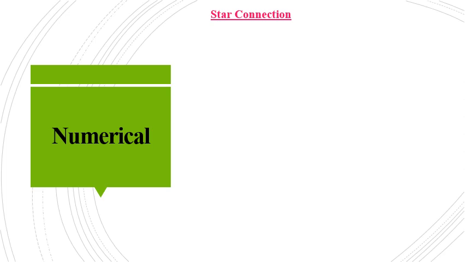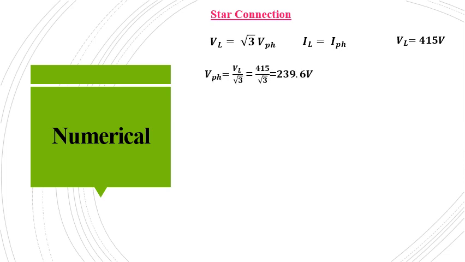First, let's find the current in the star connected system. We know that in star connection, line voltage is equal to root 3 times the phase voltage and line current is equal to phase current. It is given that line voltage VL equals 415 volt. From this we can find the phase voltage: V phase is equal to VL by root 3, which is 239.6 volt.